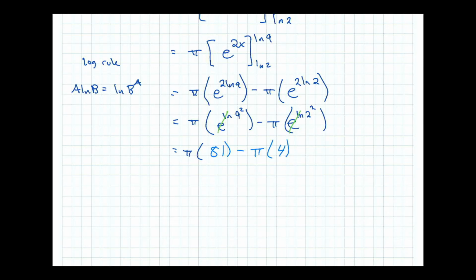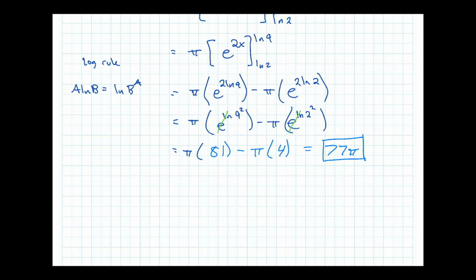So I just get 81 pi minus 4 pi. So what's 81 minus 4? Is that 77? 77 pi, I believe. Submit. All right. And that was the answer that they were looking for.